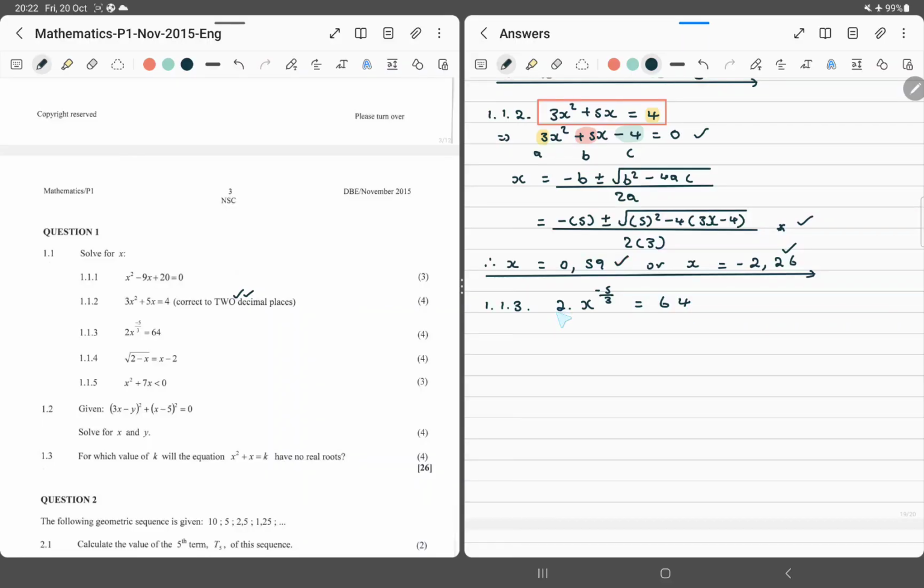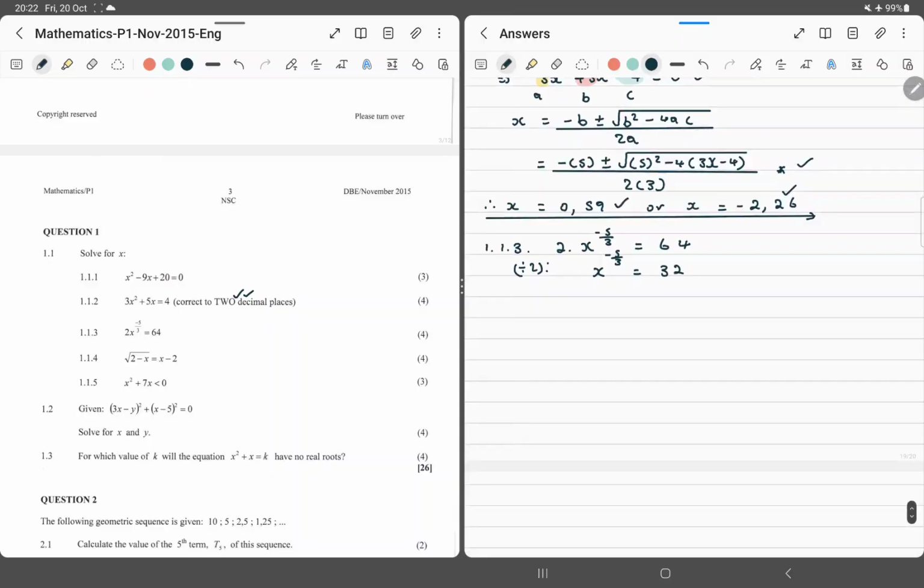So the first thing we want to do here, we divide by 2 throughout, such that we get x to the exponent minus 5 over 3 is equal to 64 by 2, which is 32.